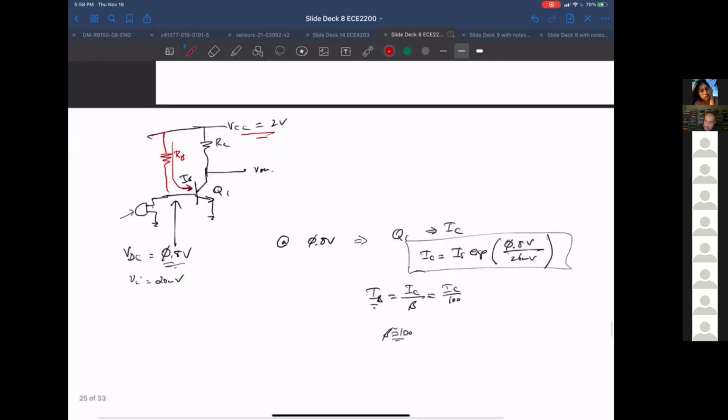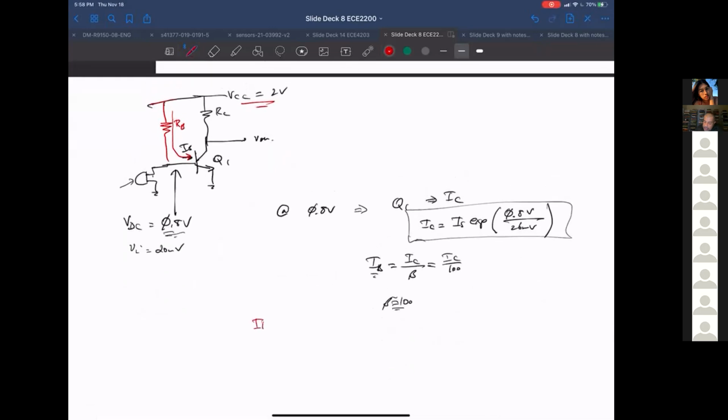If I can get I sub B times R sub B to be 1.2 volts, then this VDC is going to be 2 volts minus 1.2 volts. So that's going to be the 0.8 volts I'm looking for. Does that make sense?